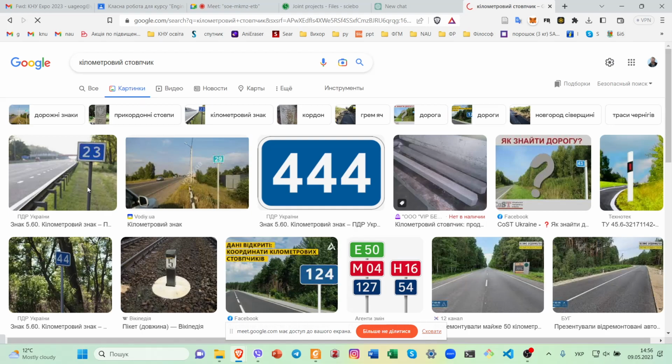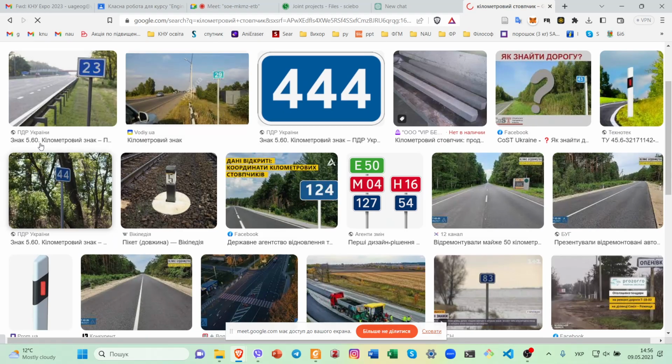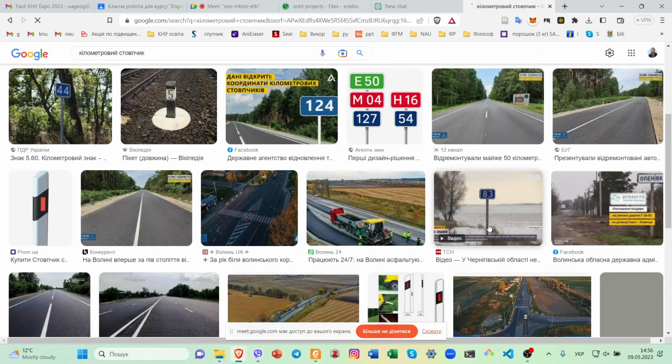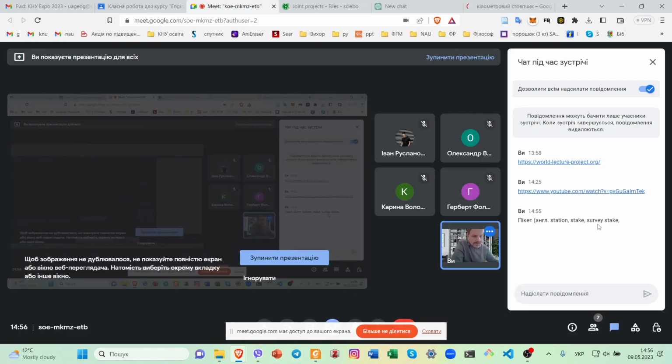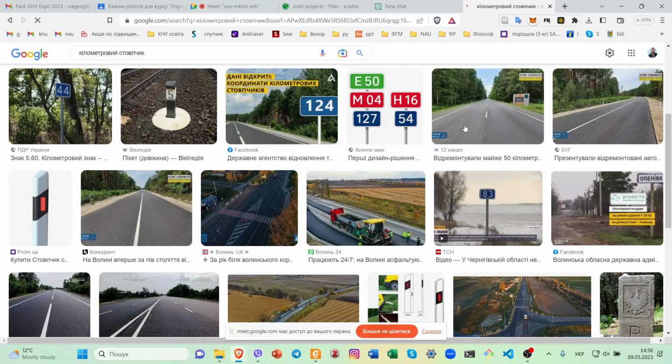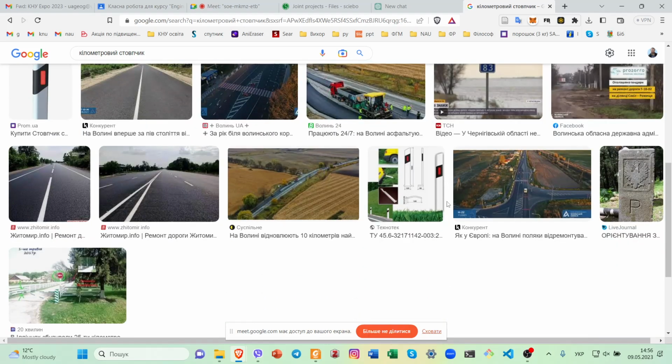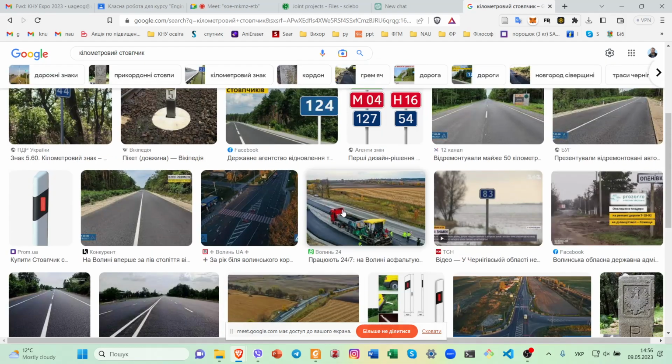Here you can see examples of these survey stakes while we are constructing motorways or highways.